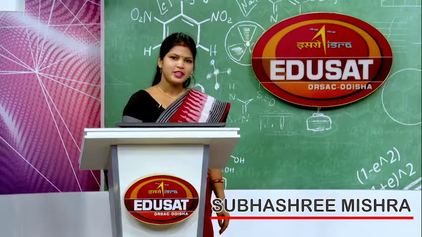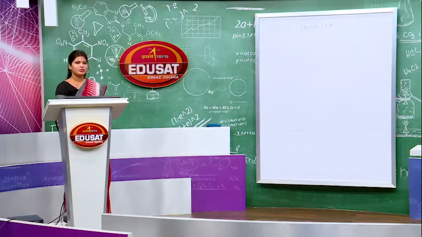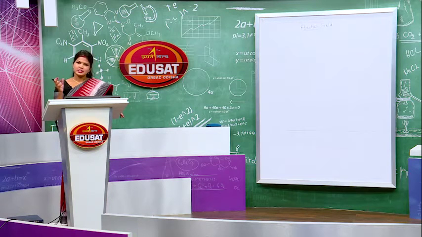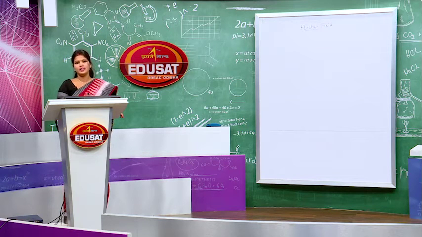In previous lectures, we discussed the electric field intensity due to a point charge. Now, when many charges are discretely distributed, how do we find the electric field intensity? Let us see.